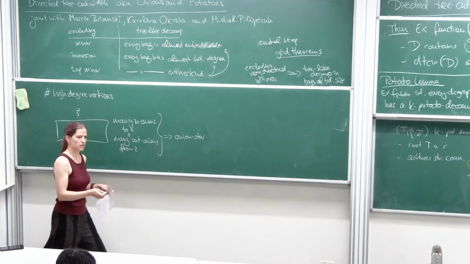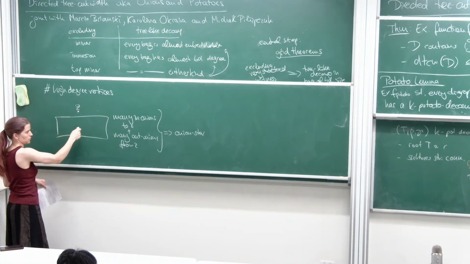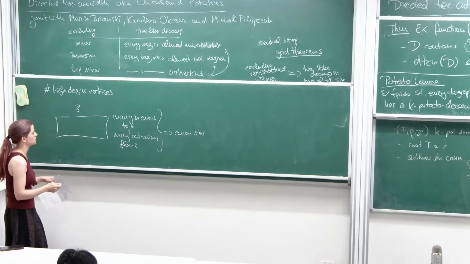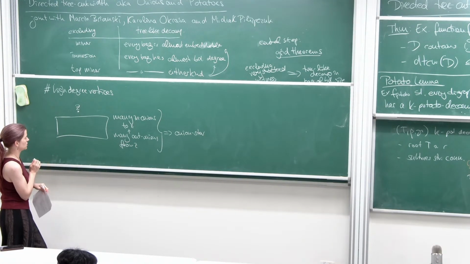Sure, I have to do some crossing and see that I can actually get them somehow disjoint and everything, but if I have a lot of them, then I can build an onion star.